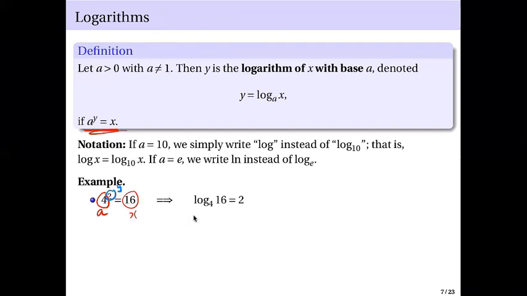Your x is the one inside the log. And your a, the base a, is your subscript for log. To avoid confusion, you can put the x inside the parenthesis, meaning you are getting the logarithm of 16.